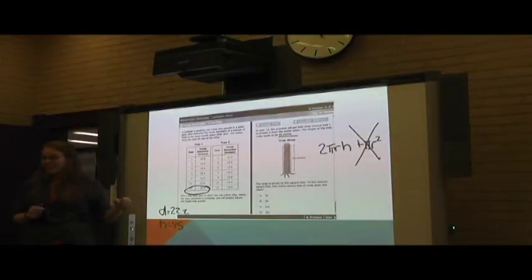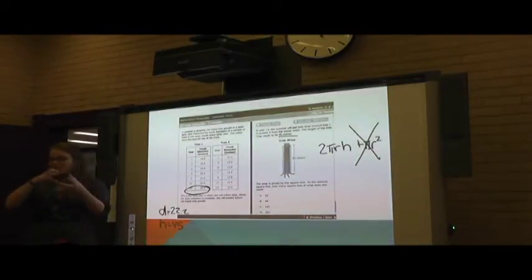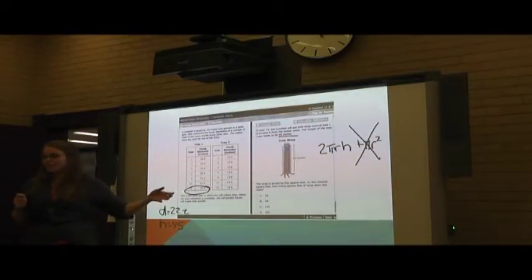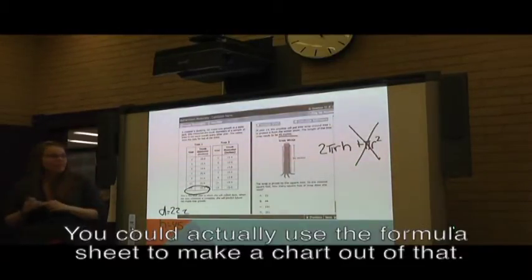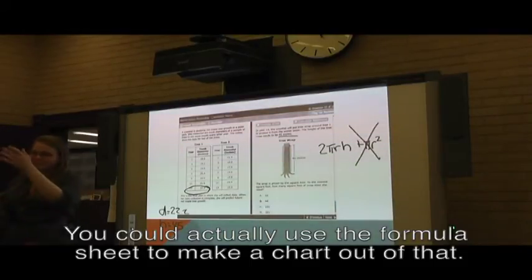If that's the skill that they need to build, we can rewrite this problem to simply focus on the chart reading. And you can do that for any of the skills that are combined in this problem. And you can start to build the skills until you have built your students up to solving this problem. You could actually use the formula sheet and make a chart out of that.